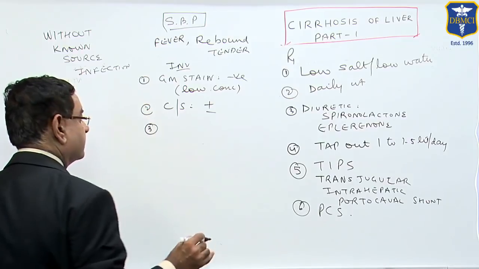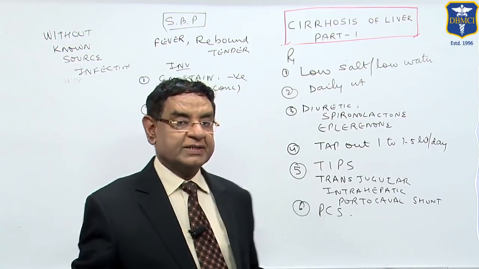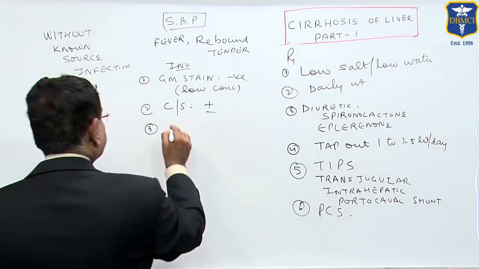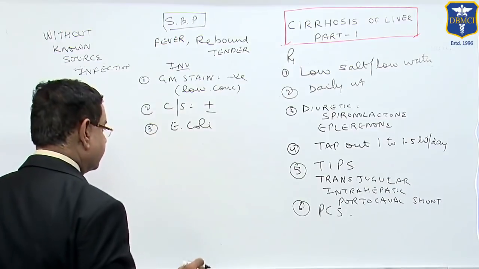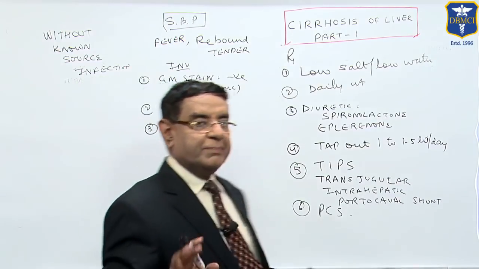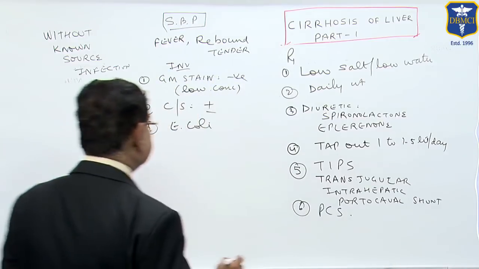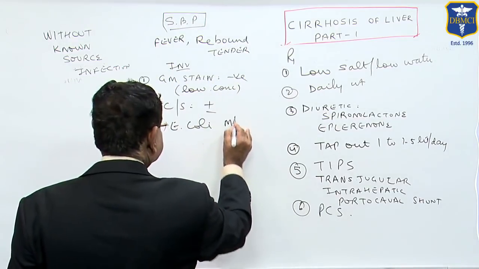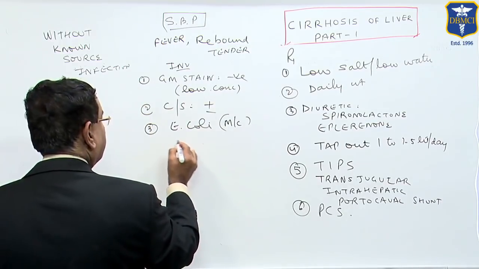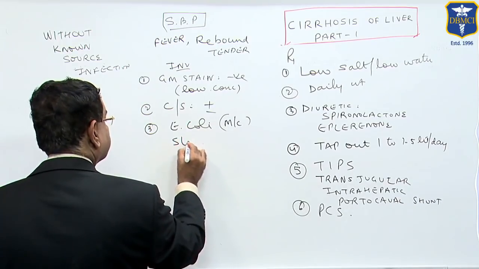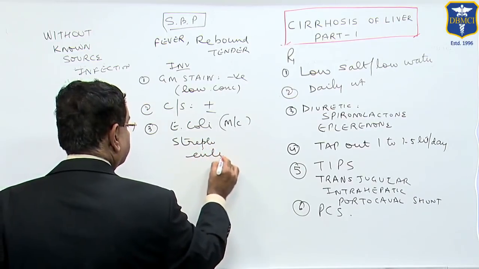Now, what are the usual organisms which can be involved in this? E. coli is the most common organism. Anaerobic bacteria are uncommon. The other organisms are streptococci or other enterococci.